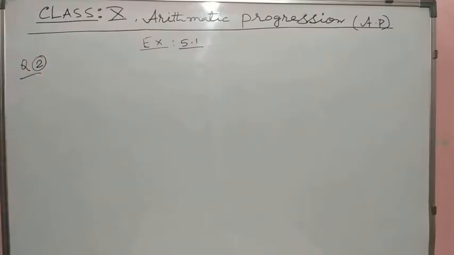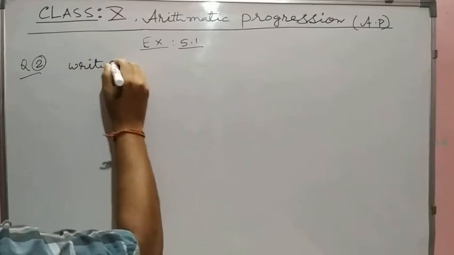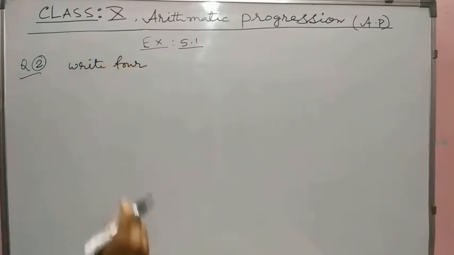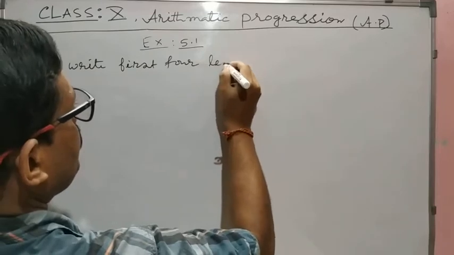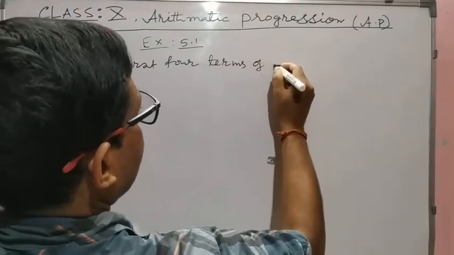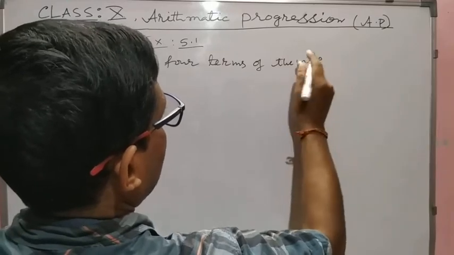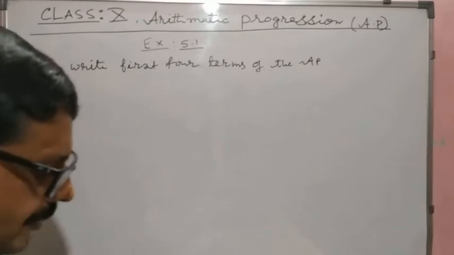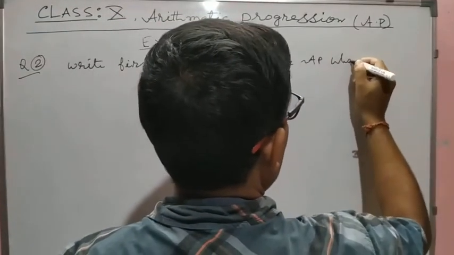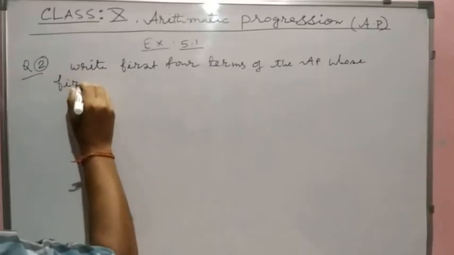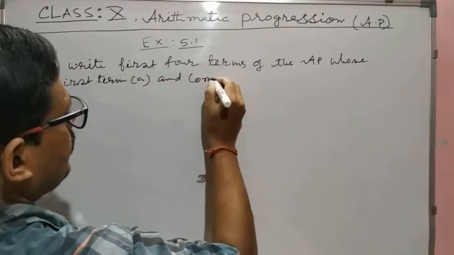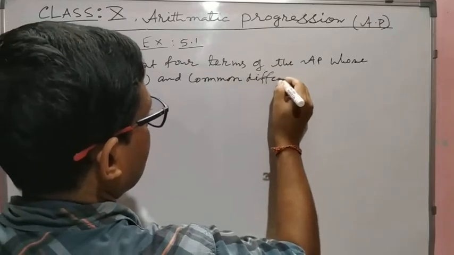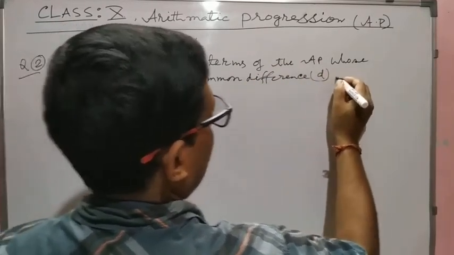Write the first 4 terms of the AP whose first term, denoted by A, and common difference, denoted by D, are given below.